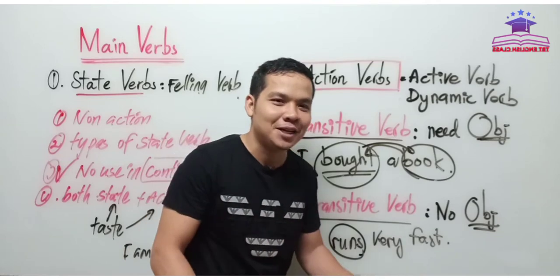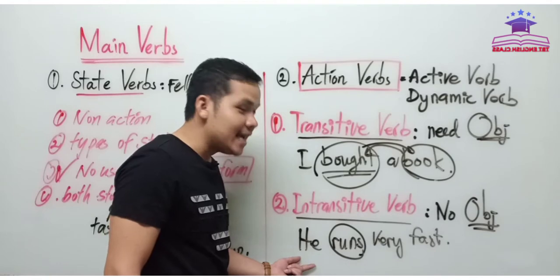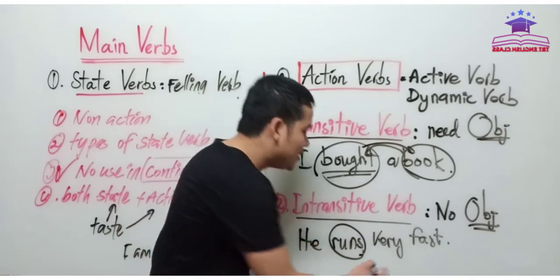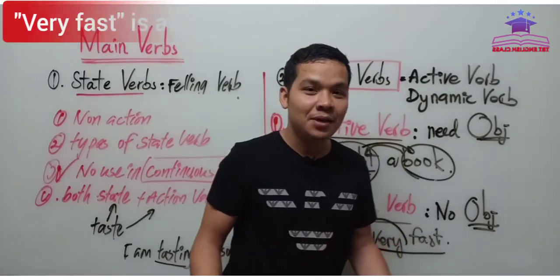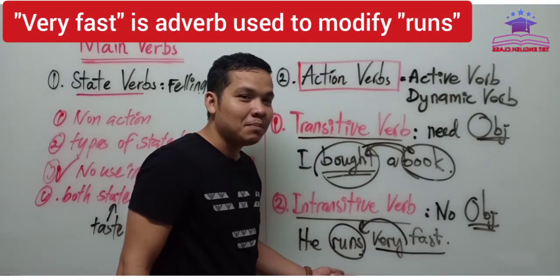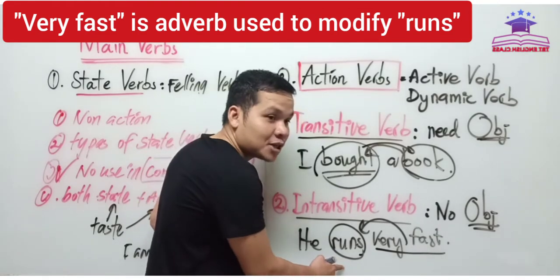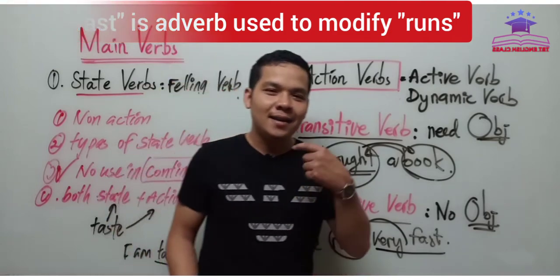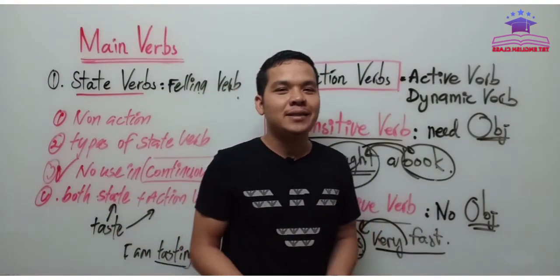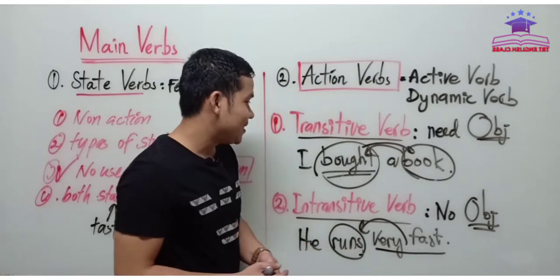We don't need an object to support this sentence. We just use an adverb to modify run. How does he run? So run is an action verb called intransitive verb, because this action verb doesn't need an object. So the verb that doesn't need an object we call intransitive verb. Is it easy? Okay, yes.